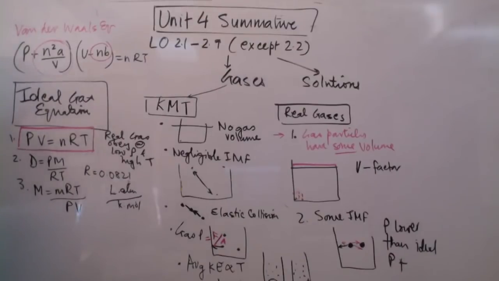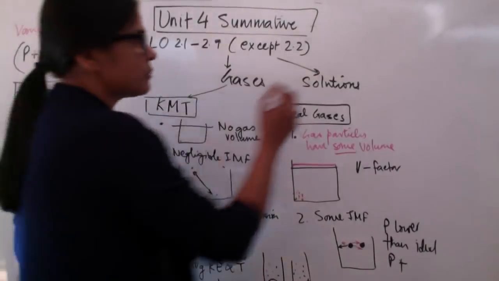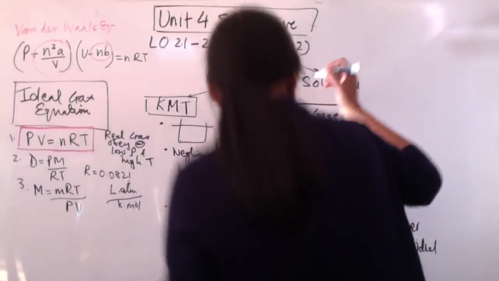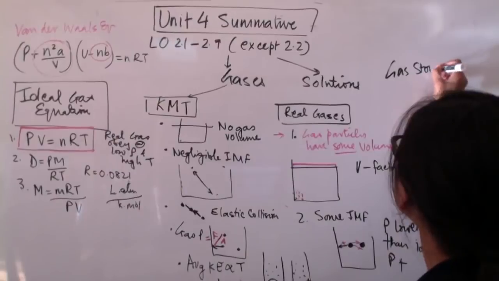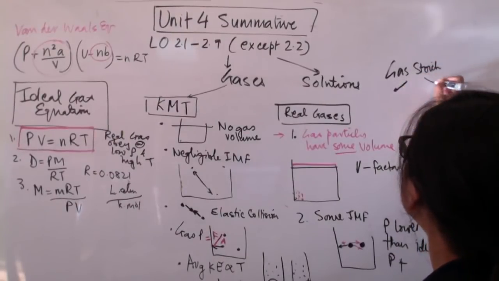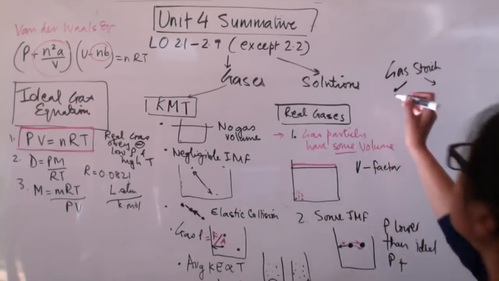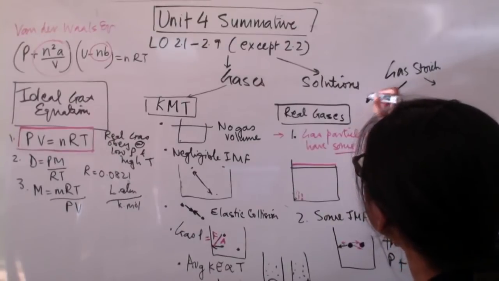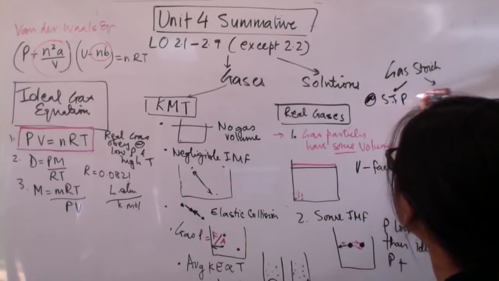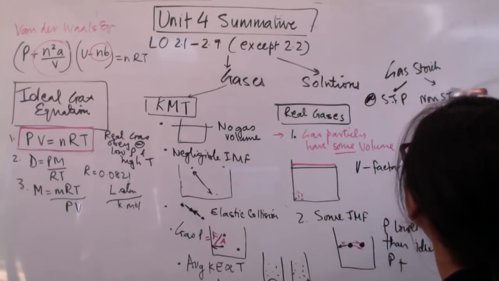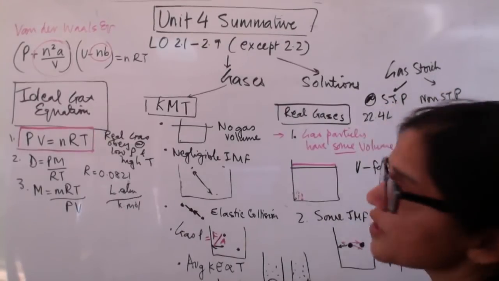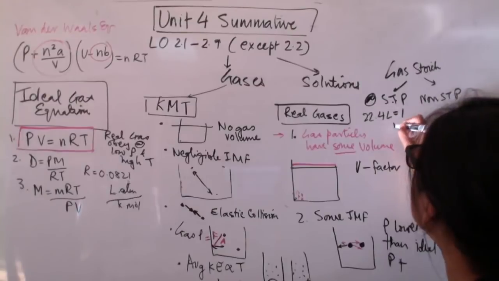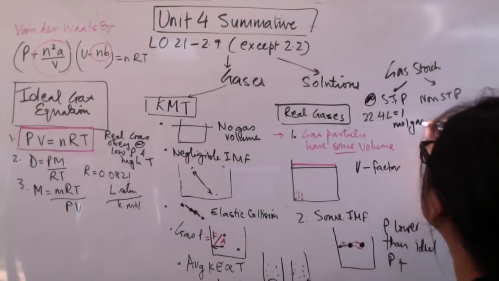And one more thing here is gas stoichiometry. I have a little bit of room here. I'm going to sit here. So gas stoichiometry is ideal behavior at STP and non-STP. At STP, we use the relationship that 22.4 liters is the volume occupied by 1 mole of any gas.